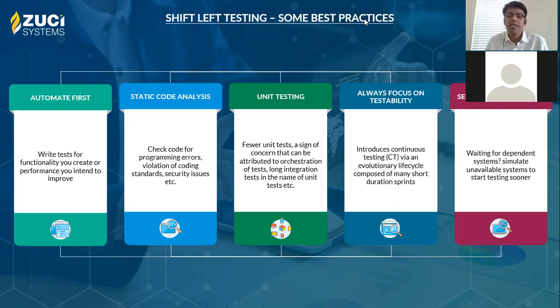We are talking about starting off with some basic stuff in terms of mocking the environment, making sure that we are checking the dependent systems through mocking tools or service virtualization tools, if those systems are not built today, if they are absent, and if they are going to come in only in the future. But all of this requires extreme levels of collaboration also in terms of making things happen. So these are some of the best practices from a shift-left testing standpoint.